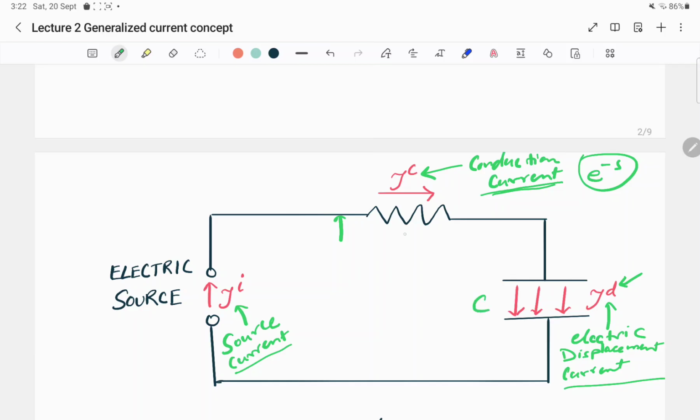So this is capacitor C, this is the resistor R. So the total current JT is equal to delta D over delta T plus Jc plus Ji, that is, JD plus Jc plus Ji.